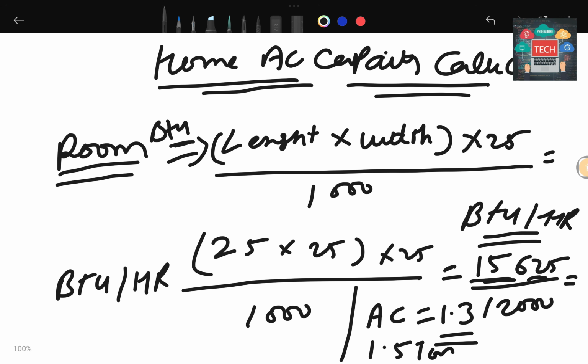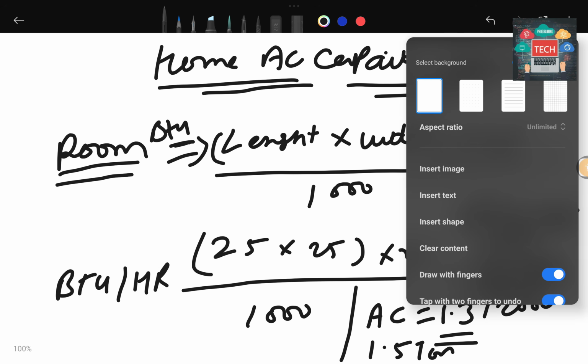For example, if my AC capacity in that area came to nearby 5.5 ton, they take 20%, even 100% tolerance, and take 10 ton of AC, more than that, because in future we can place more servers in the data centers.